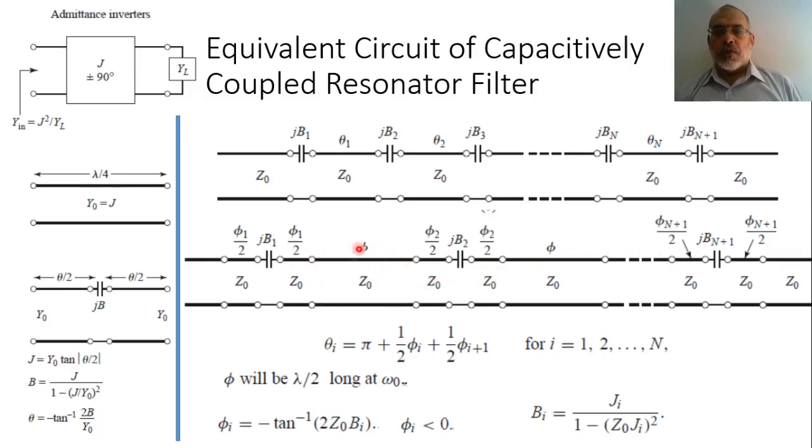The advantage of this configuration is that we have fixed transmission line sections of phase phi, and these fixed transmission line sections are designed to have a phase shift equal to pi, so the length here is lambda over 2.